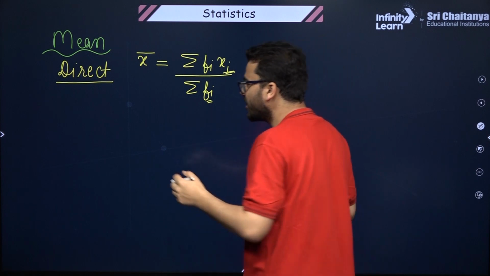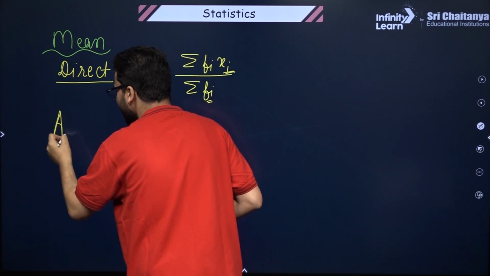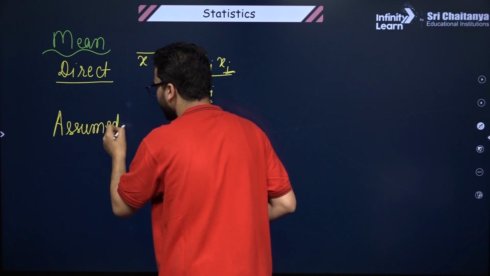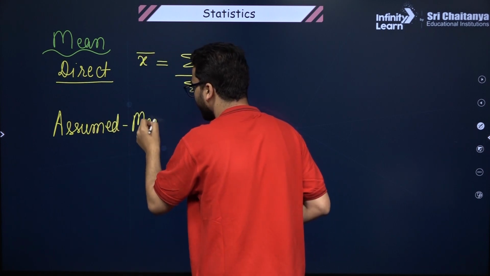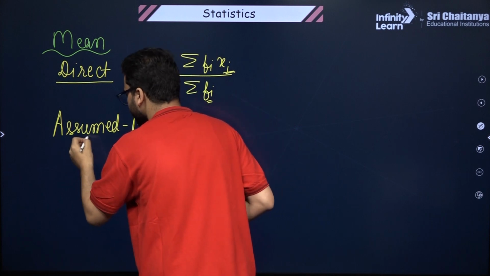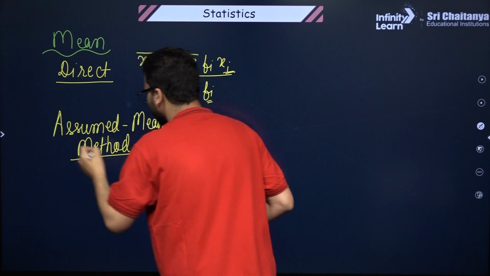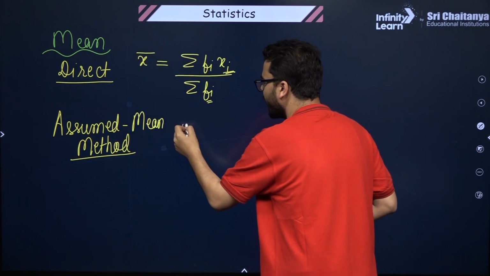Now the second method to find the mean is the assumed mean method. So in the assumed mean method, how do you find the mean, guys?